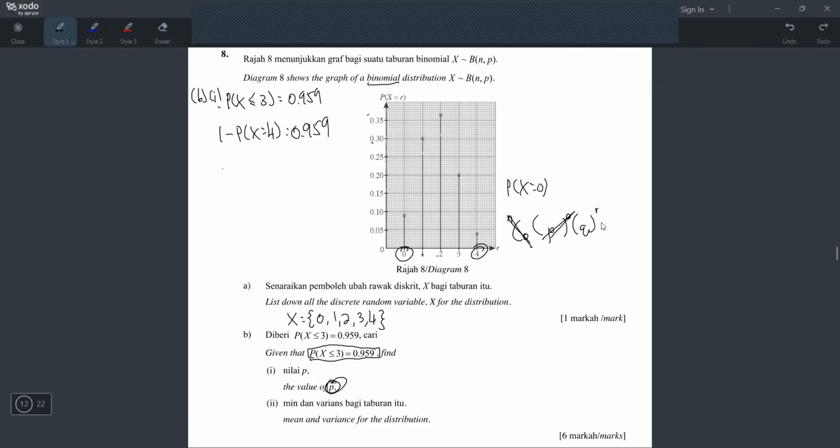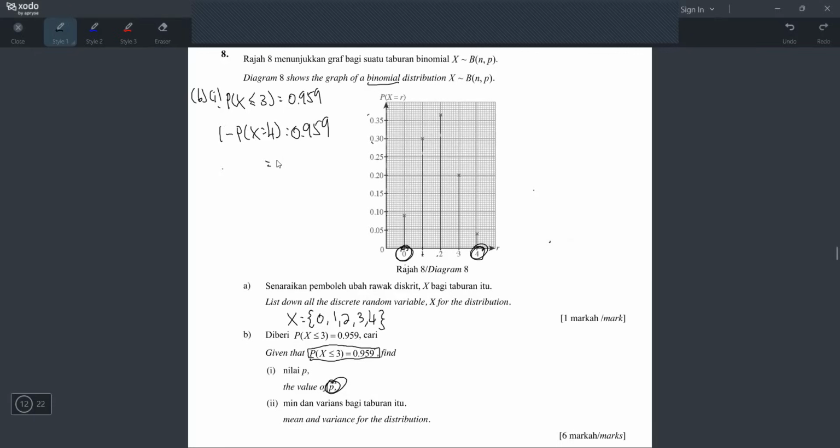So you will be left with q to the power n, and you know your n is 4 in this case. So actually it can also be done, but you will find your q first, then you have to take 1 minus q to get your p. But it can also work. So to summarize, when you want to find the probability of success, it's easier to find using P(X=0) or P(X=4). That is why I convert this information to P(X=4).